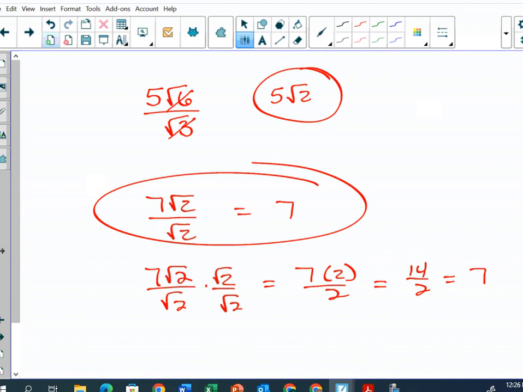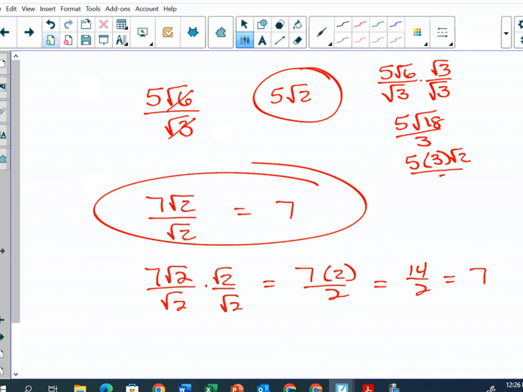You can divide and get the same thing, but if you were to do it the normal way, if you were to multiply to get rid of the denominator, would you get the same thing? That's what I just showed you with the second one, but I'll show you with that one too. Multiply by root 3 over root 3, you get 5 root 18 over 3, which is really 5 times 3 root 2 over 3, which is 15 root 2 over 3, or 5 root 2.